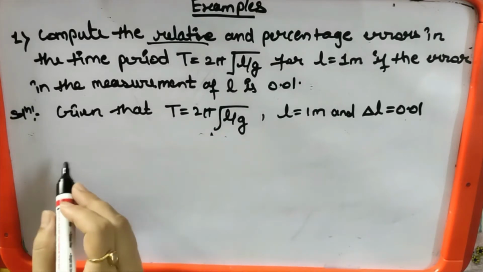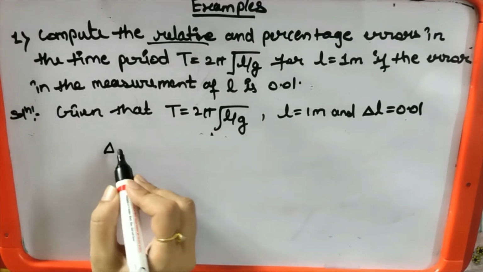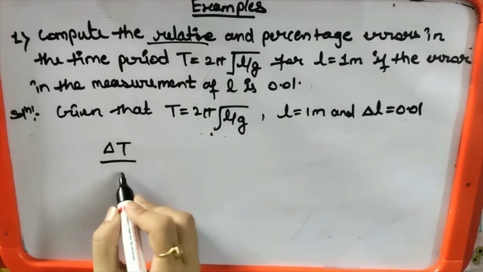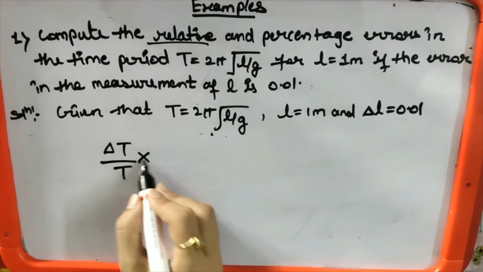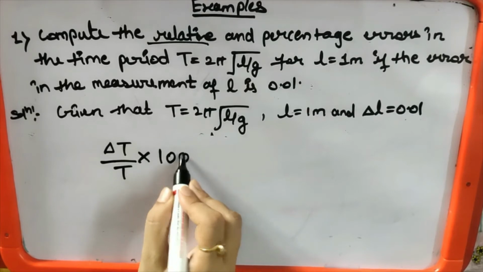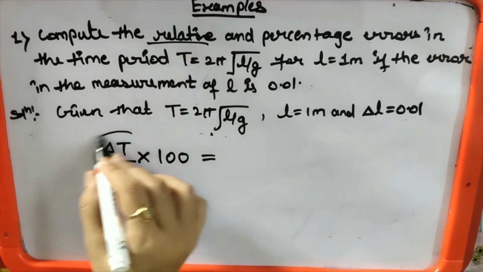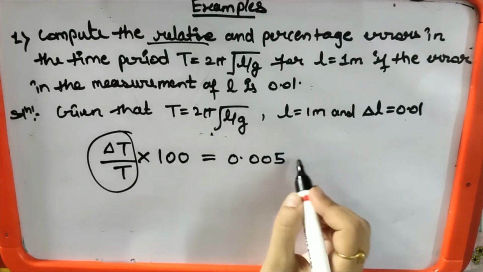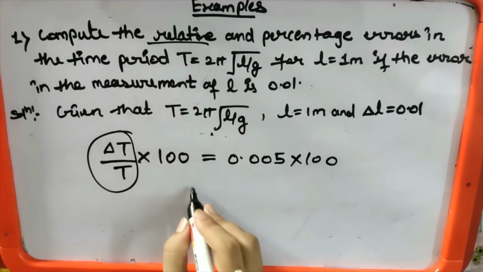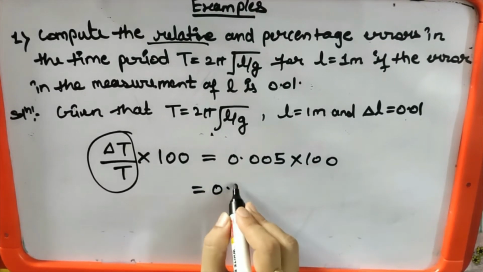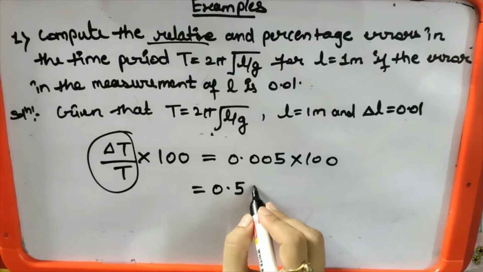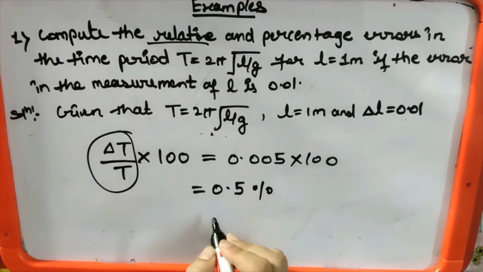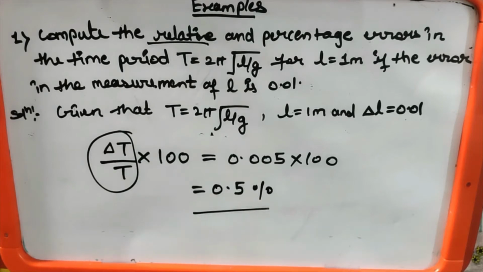The formula for percentage error in t is simply relative error into 100. This we have calculated already, 0.005 into 100 equals 0.5%. This is our percentage error.